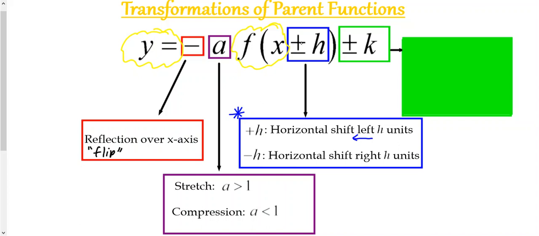So if this was x plus 3, we would have moved the graph left 3 spaces. If it is minus h, you're really moving it to the right h units. So if the example was x minus 3, we would go to the right 3 units.